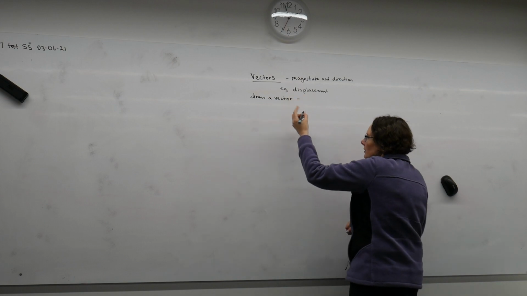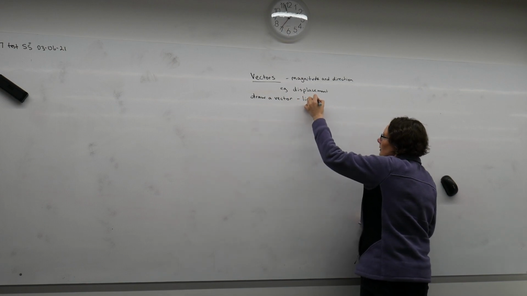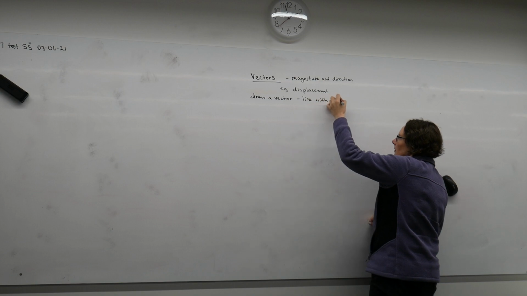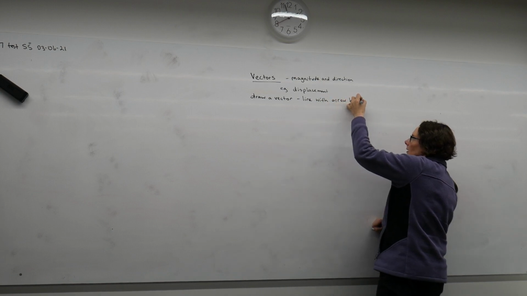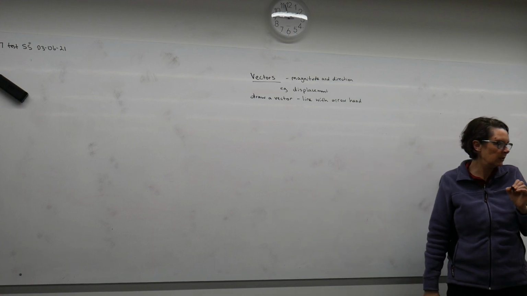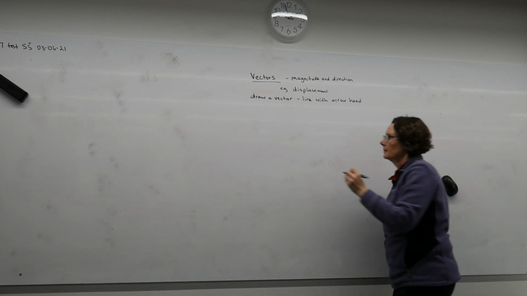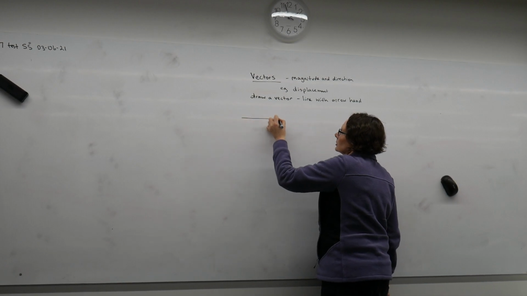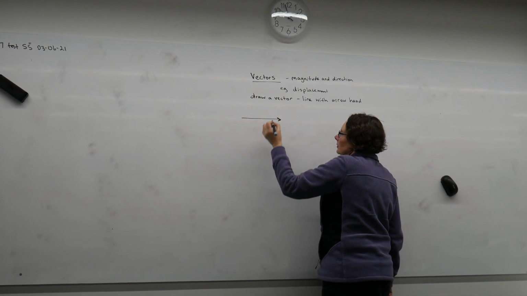it's a line with an arrowhead. And it's probably not surprising that the arrowhead points in the direction of the vector. So this can be a vector.